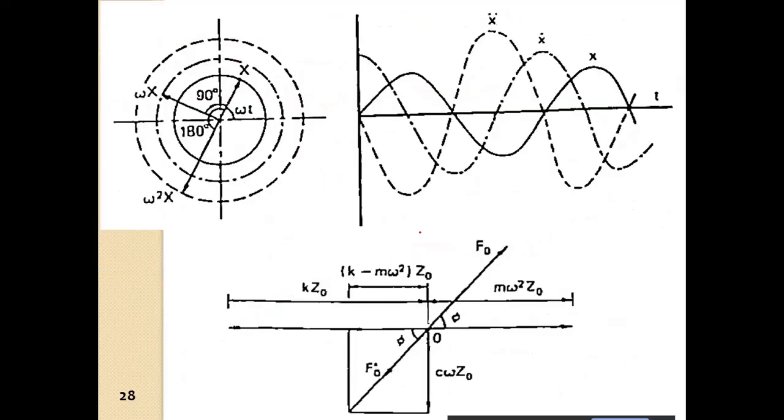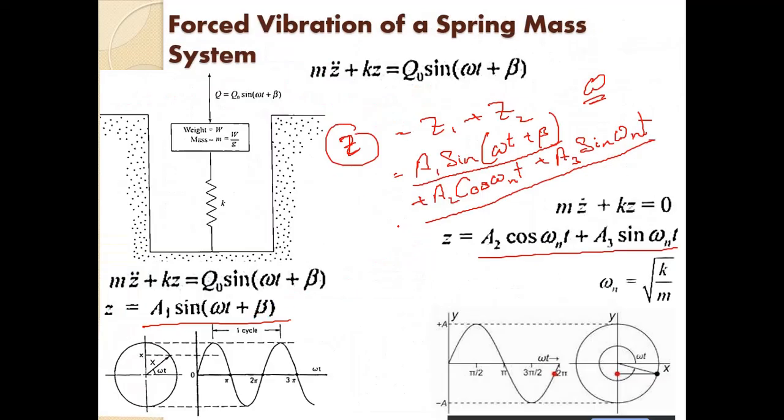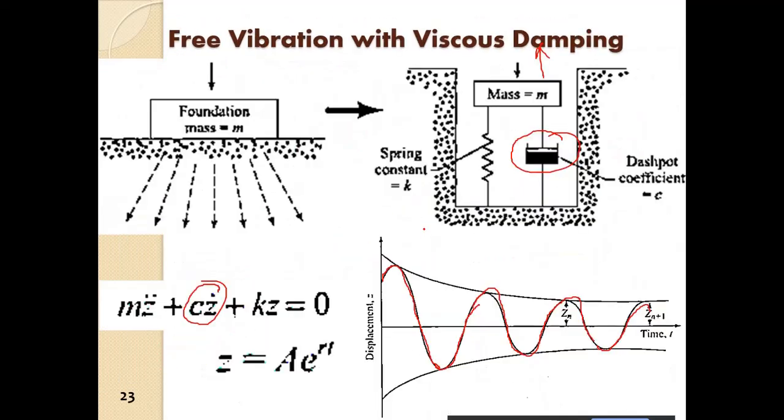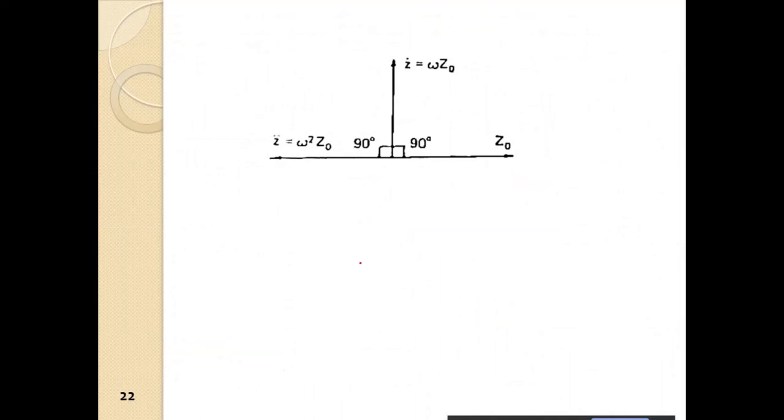Okay, as we have already discussed here, this is Z0, so we will have K Z0 in this direction, M omega square Z0 in this direction for acceleration, and C omega Z0 in this direction. Okay, so this is K Z0.